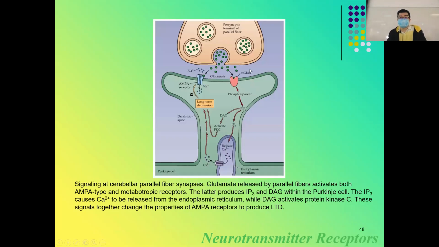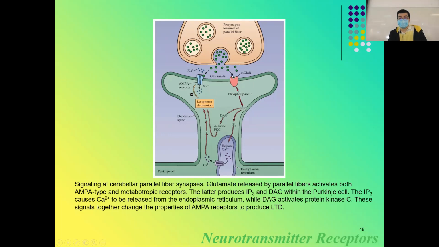So here is another example of how the secondary messengers can affect the outcome. This is one of the examples called long-term depression, which we will talk about in more detail in the memory section. When the neurotransmitter is released, it binds to the metabotropic glutamate receptors. This is the case when it is not strongly excited.